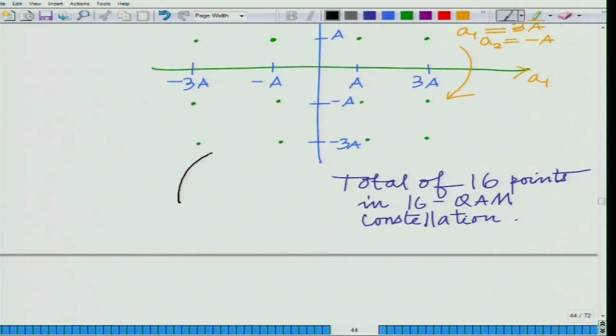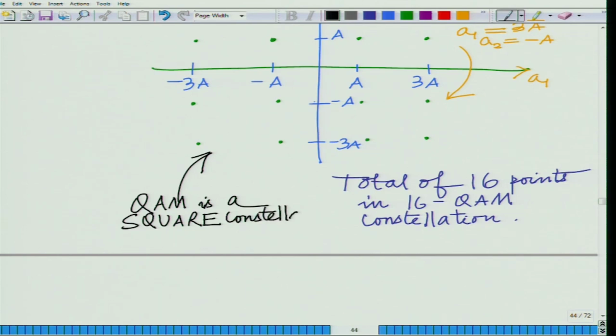So, QAM is a square constellation. Okay. So, this is a very interesting observation. There is a symmetry. Okay.